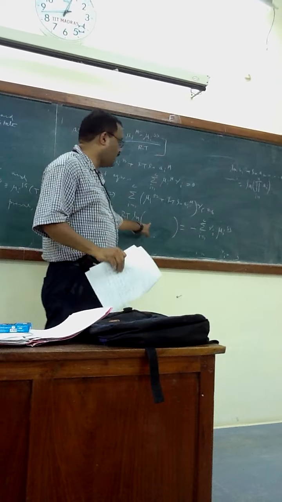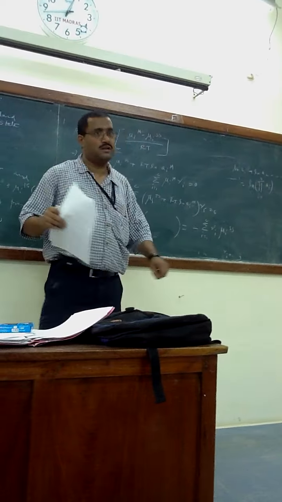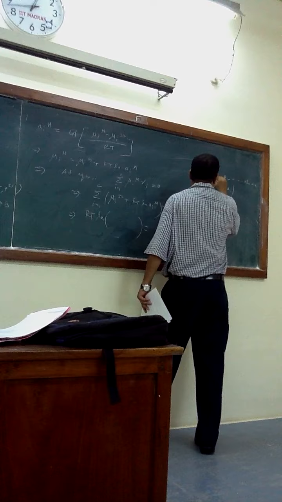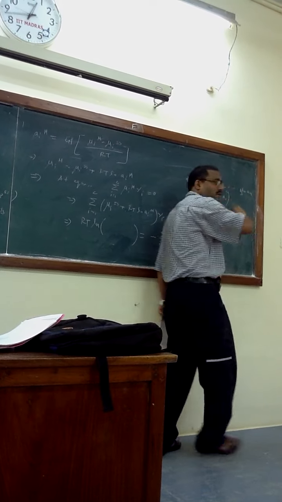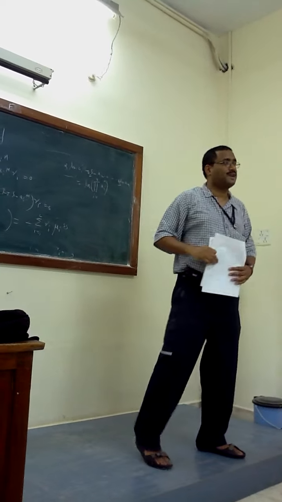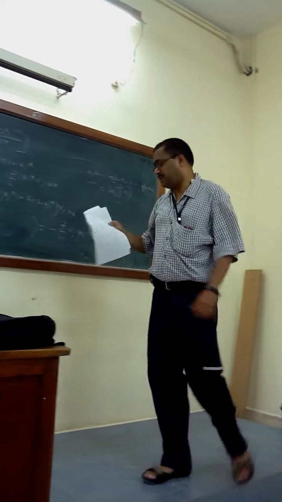And now if you have ln of A1 to the alpha 1, alpha 2, alpha 3, we can write this as alpha i. Correct? Yes or no? So now tell me what's the answer.